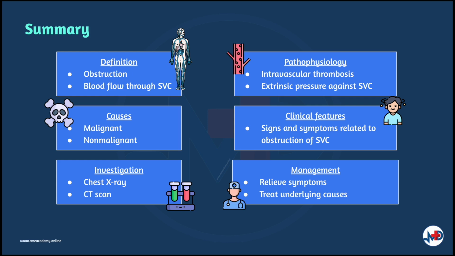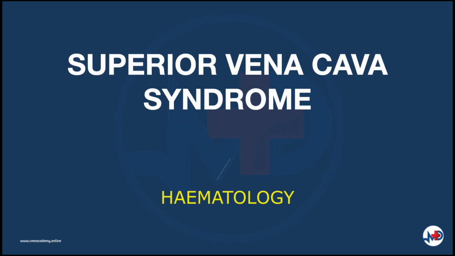Imaging studies to evaluate superior vena cava syndrome are chest X-ray and CT scans. In the management of this syndrome, the goals are to relieve symptoms and to attempt cure of the primary malignant process. Only a small percentage of patients with rapid onset of superior vena cava obstruction are at risk of life-threatening complications. We have come to the end of this topic.